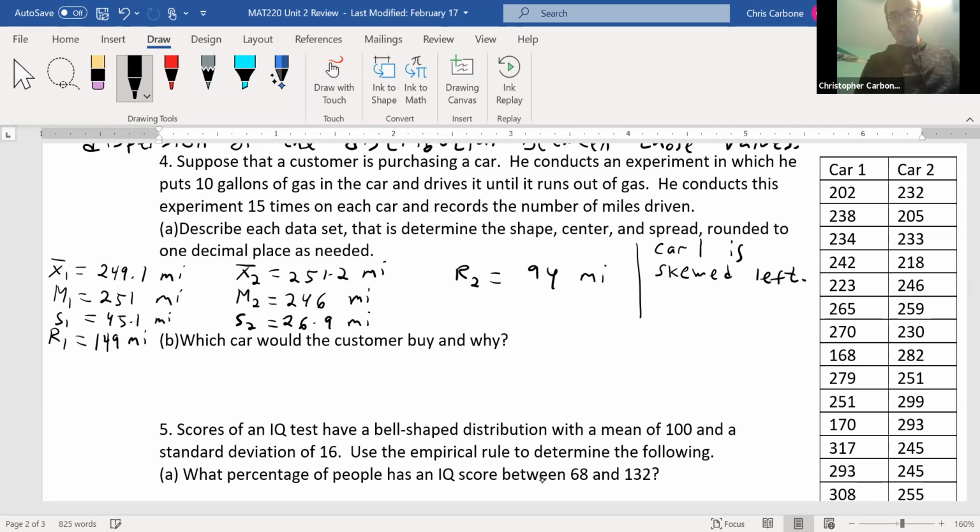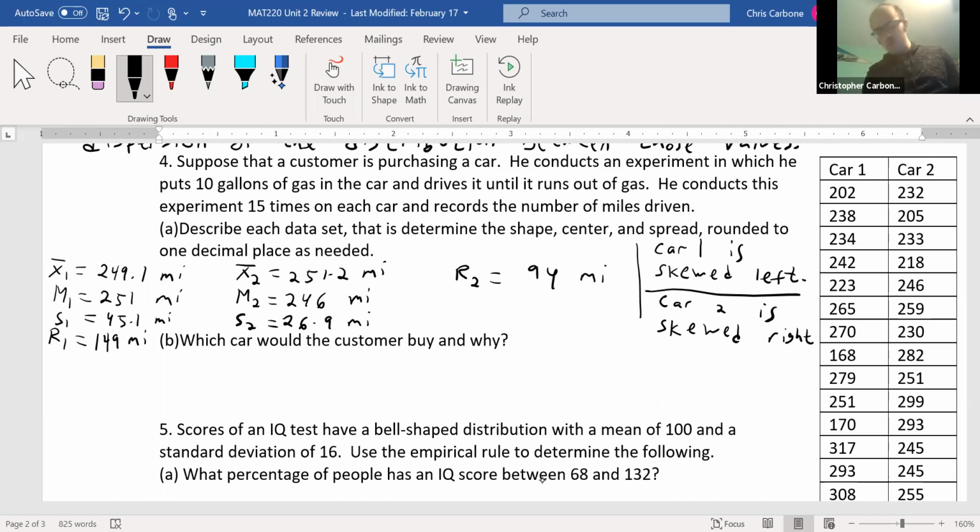And for car 2, its mean is greater than the median, so we are going to predict that to be skewed right, based upon the point that this mean is greater than our median.